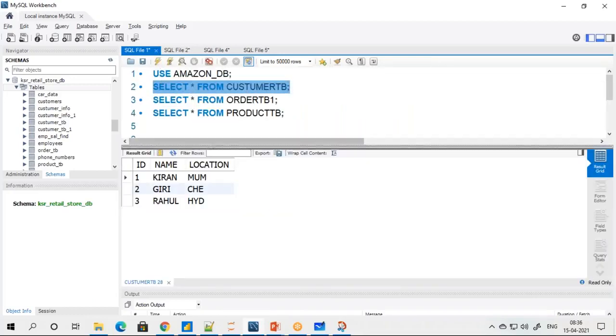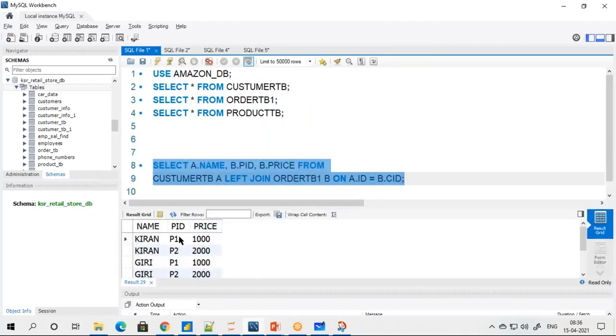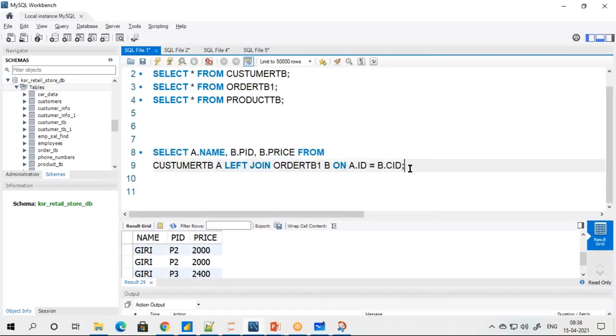Okay, now my second requirement is, after this, what is a product they have purchased? What is P1, P2, P3? Now what I will do, this is what we have learned, 2 tables. Again I will go and write left join. Now I will give product information. For product information, I'm going to give C. Now after giving C, I will join a condition.